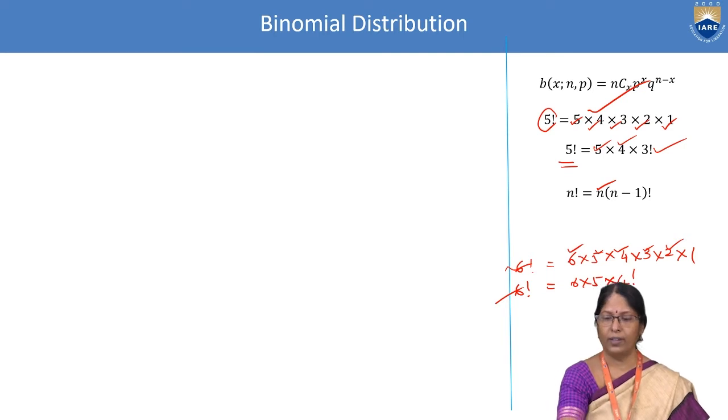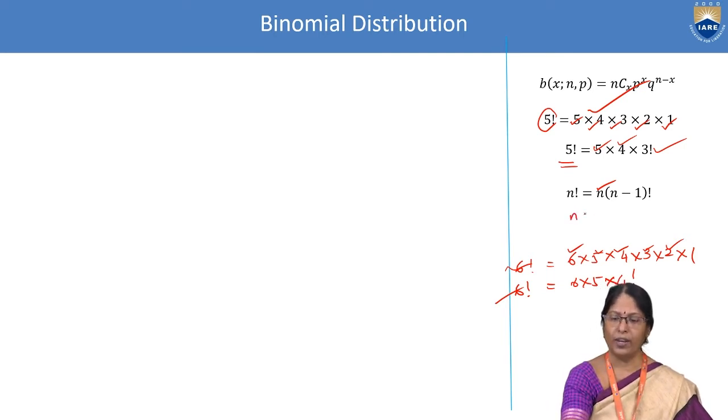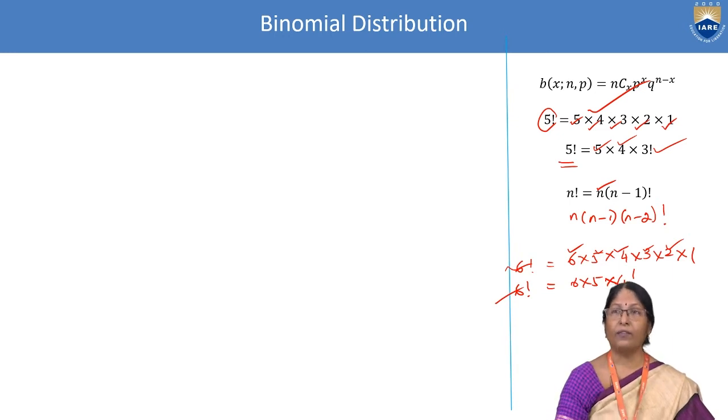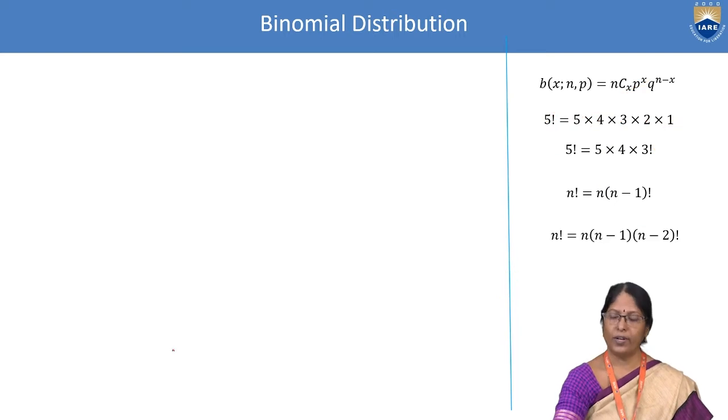In case we want to continue, n into n minus 1 into n minus 2 factorial. So it goes on; the next term would be n minus 3 factorial. This is the way the factorial notation is expanded. So it is written here, n factorial equals n into n minus 1 into n minus 2 factorial.